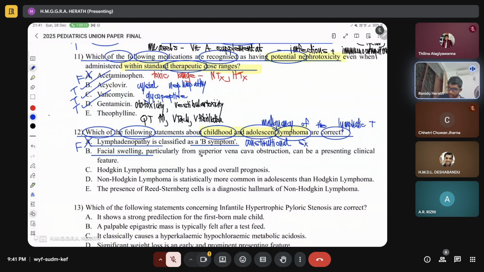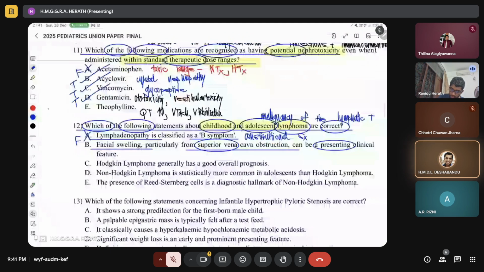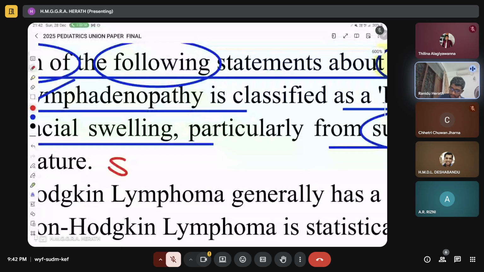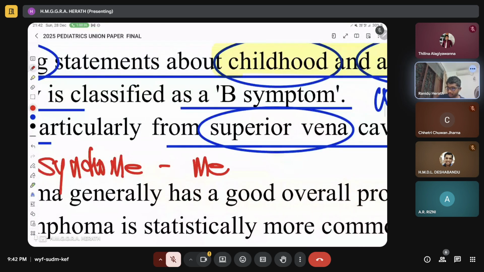Facial swelling, particularly from superior vena cava obstruction, can be a presenting clinical feature. True or false? True. This is called superior vena cava syndrome, SVC syndrome. This is common with mediastinal lymphadenopathy.